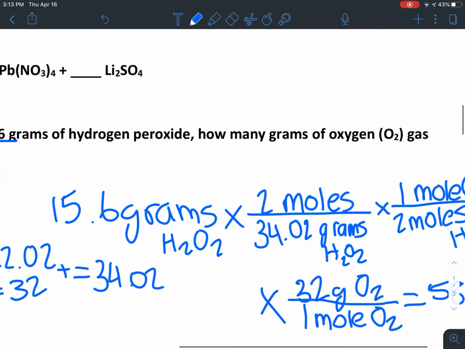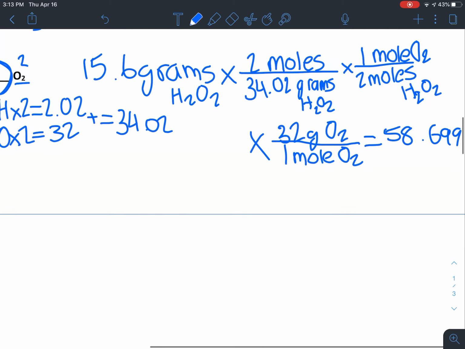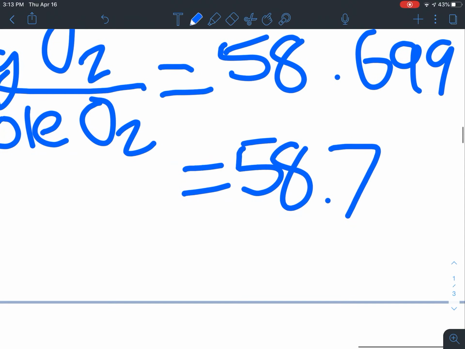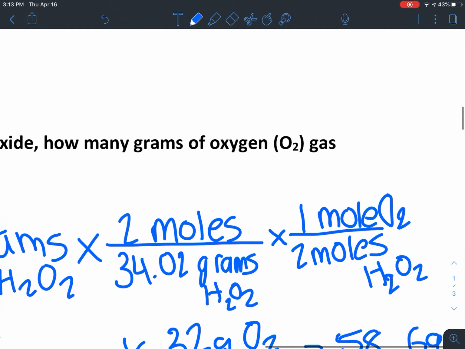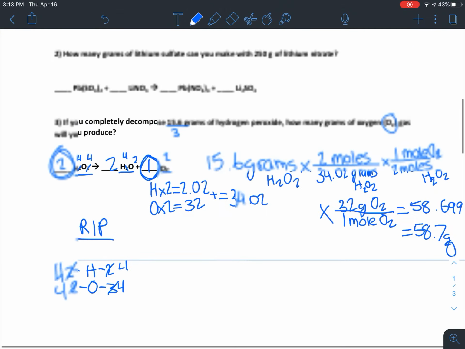And because of only 3 sig figs, we have to round it off to 58.7 grams of O2. Thank you.